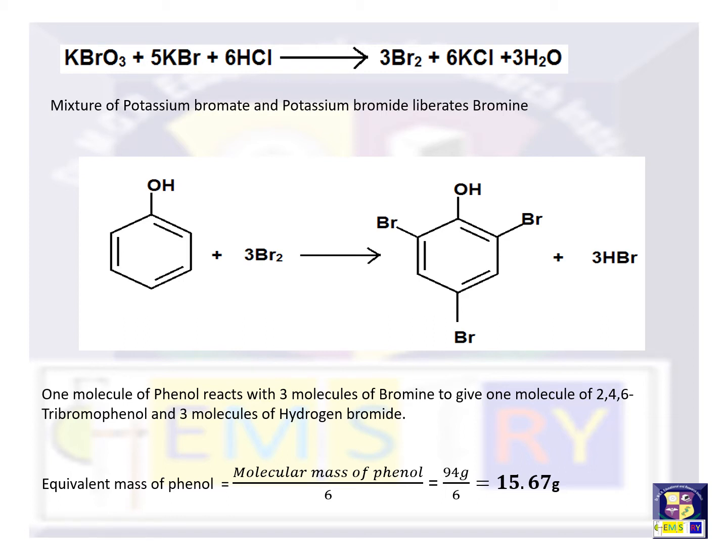If we have to calculate the equivalent mass of phenol, we need to divide the molecular mass of phenol by 6 because it reacts with 6 equivalent atoms of bromine. It reacts with 3 molecules of bromine, which means 6 equivalent bromine atoms. So that gives 15.67 grams. Hence the equivalent mass of phenol is 15.67 grams.